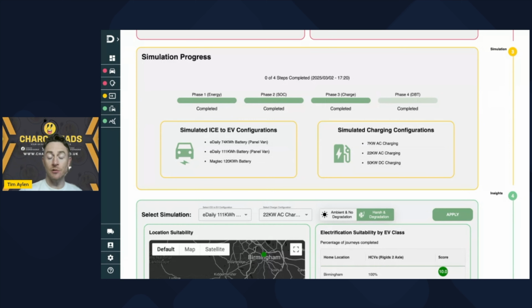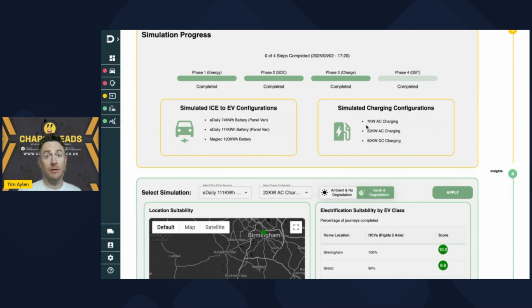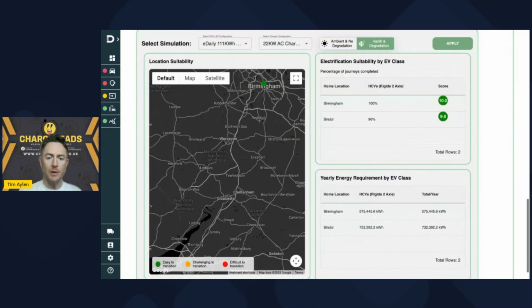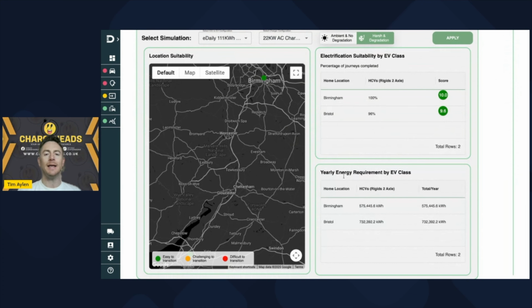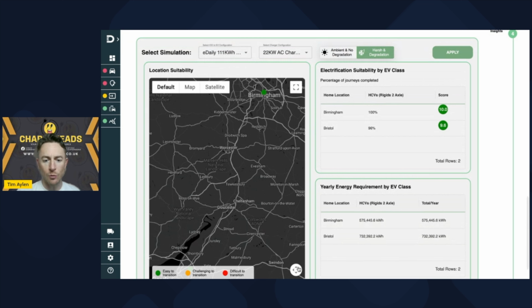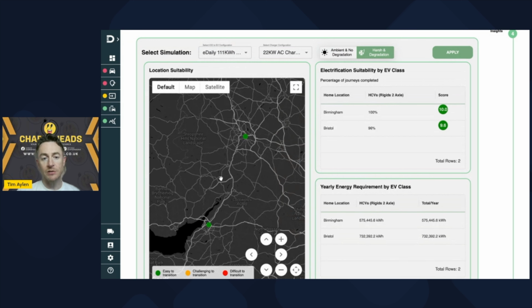We've also configured 3 different charger speeds, 7 kilowatt AC, 22 kilowatt AC, and 50 kilowatt DC. And then just below here, this is just high level analysis, and we'll drill deep into the granular information in a minute, which I think you'll be pretty amazed at. But this is just high level, where what we're going to do is zoom out here. We see the 2 depot locations, Birmingham there, Bristol there.